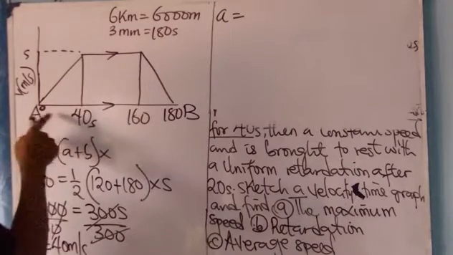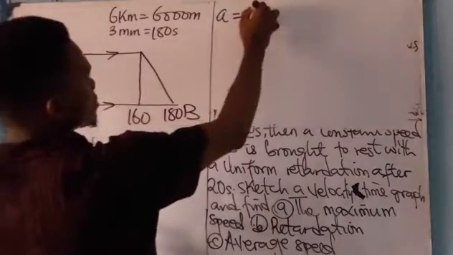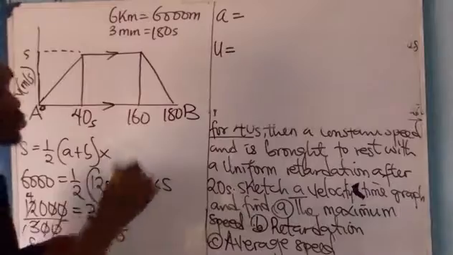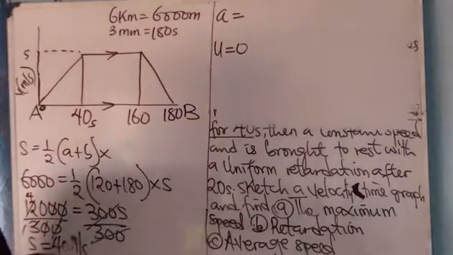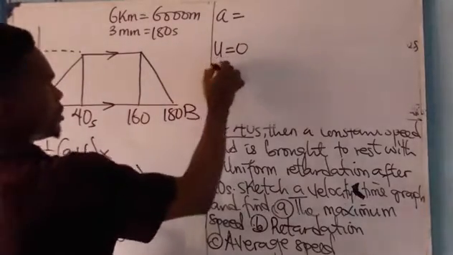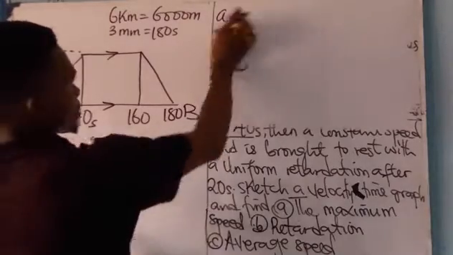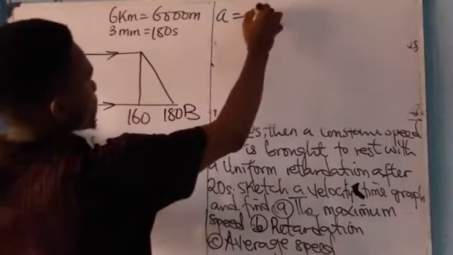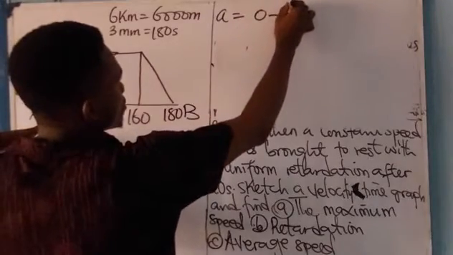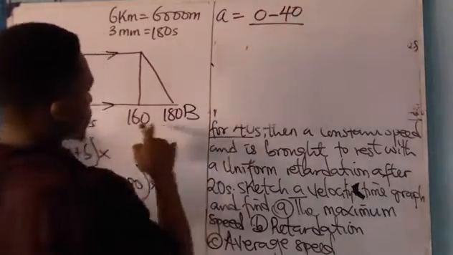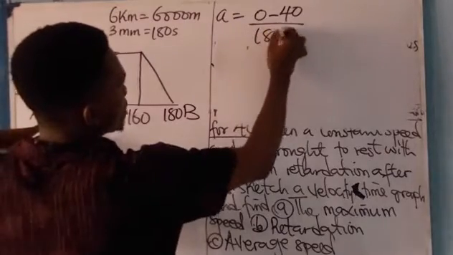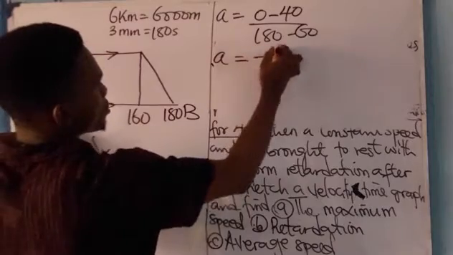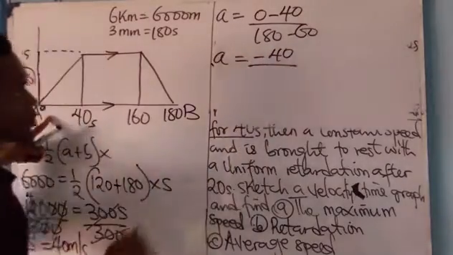You know that in acceleration, u is 0, and in retardation, v is 0. So we now have a equals 0 minus 40 over 180 minus 160, which is minus 40 over 20.